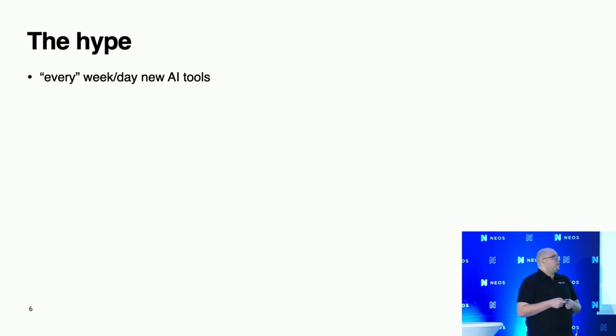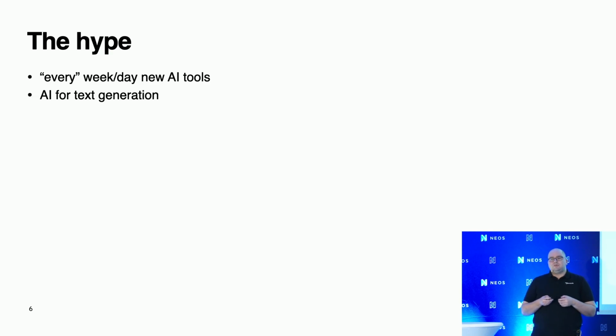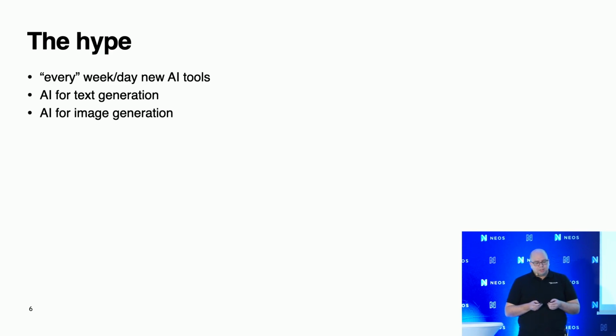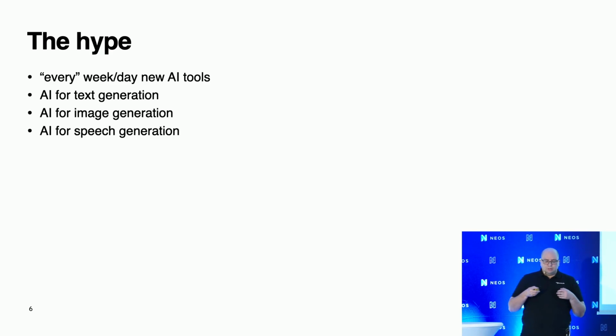I think every one of you is also aware of this. We have a great hype, especially in the last year. Sometimes every week, we had a new AI tool, a great thing with many, many possibilities. We had AI tools for text generation, for image generation, and also for speech generation.